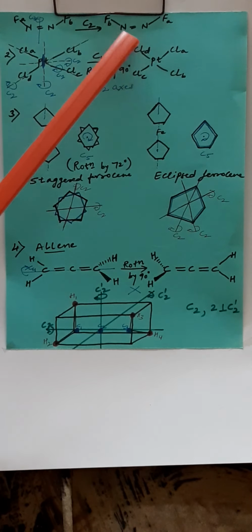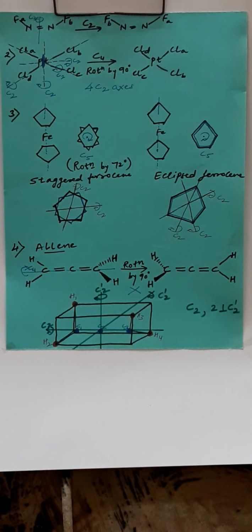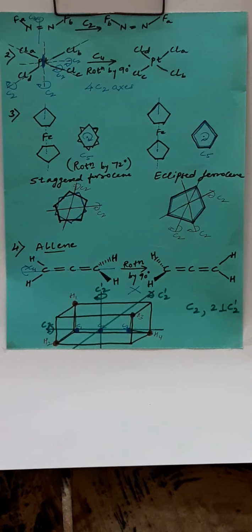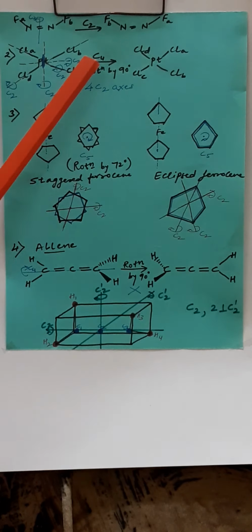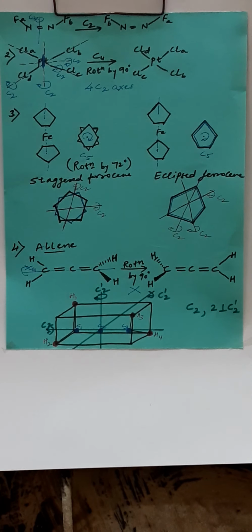Let us take the next example of platinum tetrachloride, PtCl4. In this platinum tetrachloride, there are two types of proper axis of rotation which can exist. The first type is the C4 axis of rotation. When I say C4 axis, that means 360 divided by 4, that is 90 degrees.